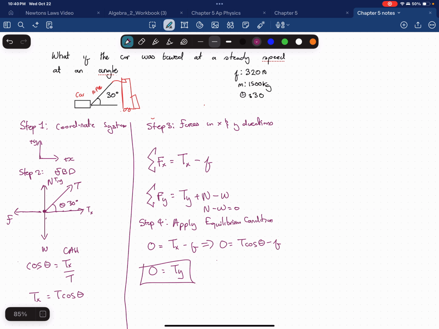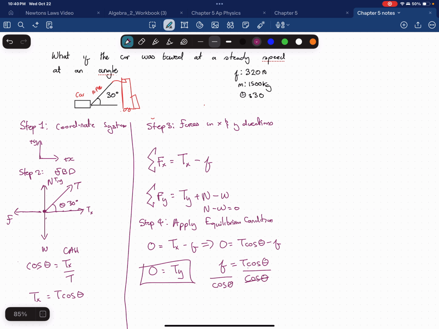So now I can easily solve for T. I can take F across the equal sign. T cos theta equals F, divide by cos theta on both sides.